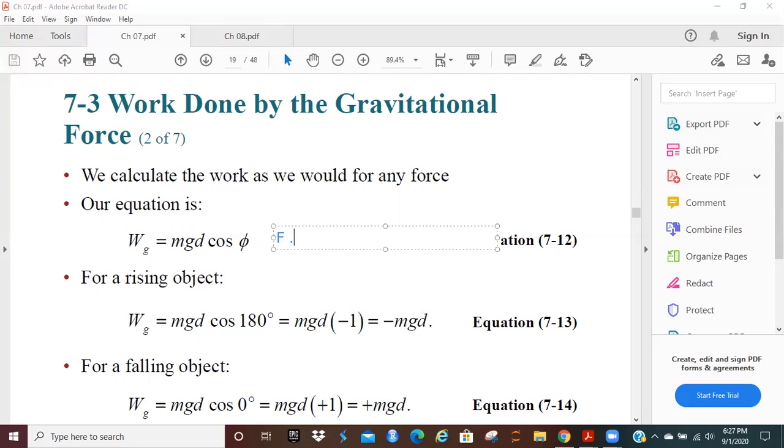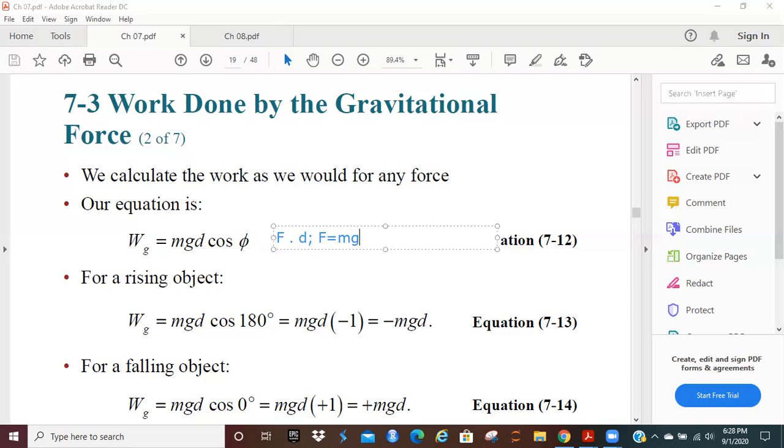So F is going to be equal to what? Mass times gravity.